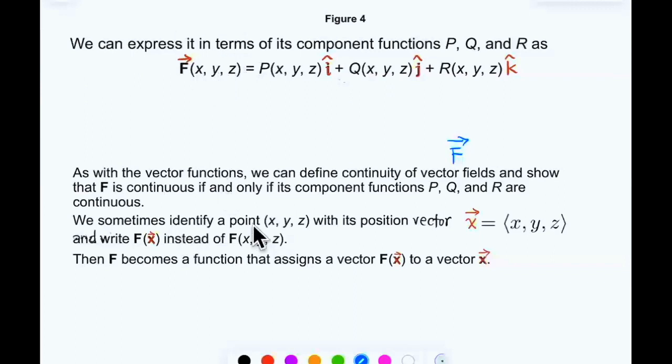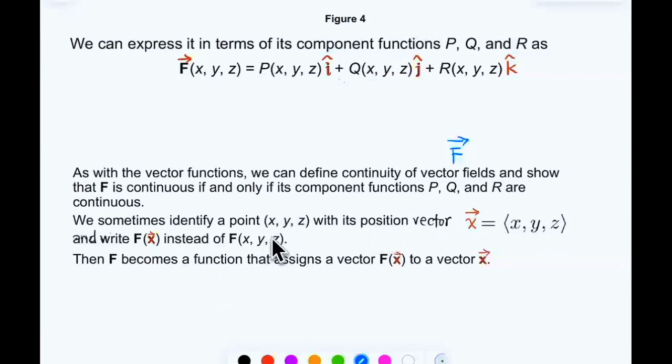Now, sometimes we identify a point (x, y, z) with its position vector. So this point over here is identified with this position vector. Let's put a bar on top, x bar, to denote the position vector associated with this point.